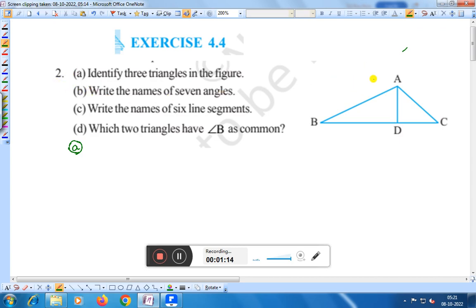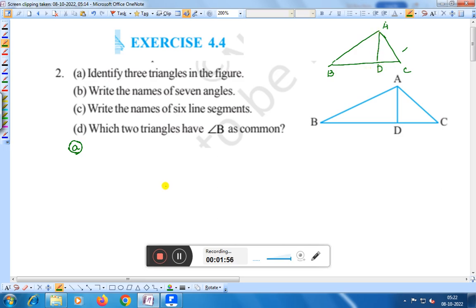If you draw a triangle like this in the same way, like this, and this one. This is point A, this is point B, this is point C, and this is point D.